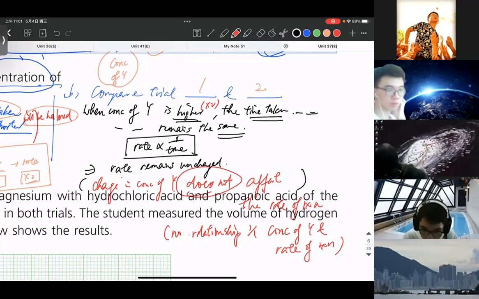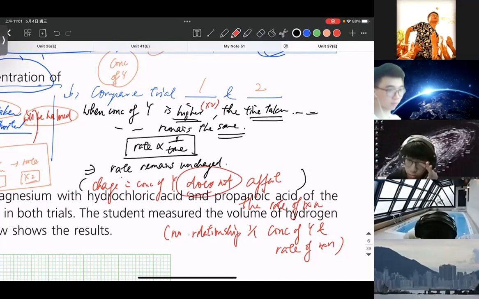But experimentally, we will also get such a chart in which I change the concentration of one reactant and the rate of reaction hasn't changed. It is not so rare to see such cases.